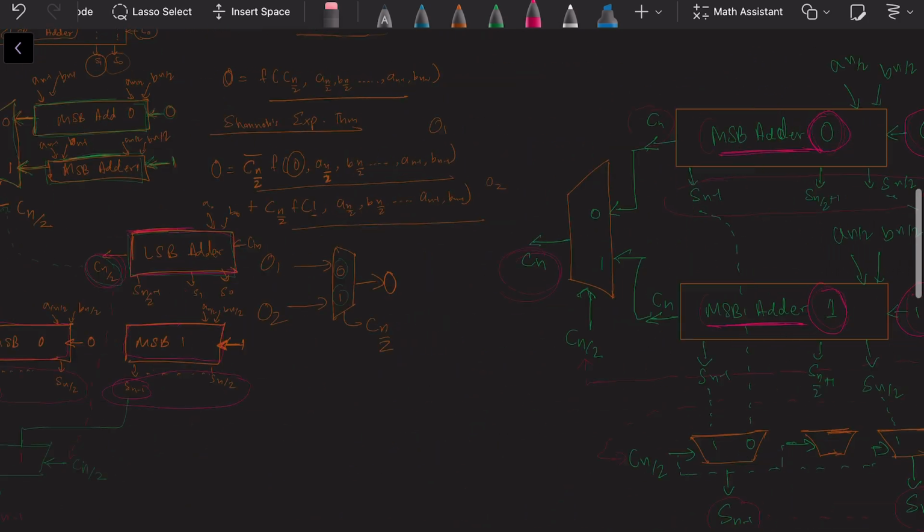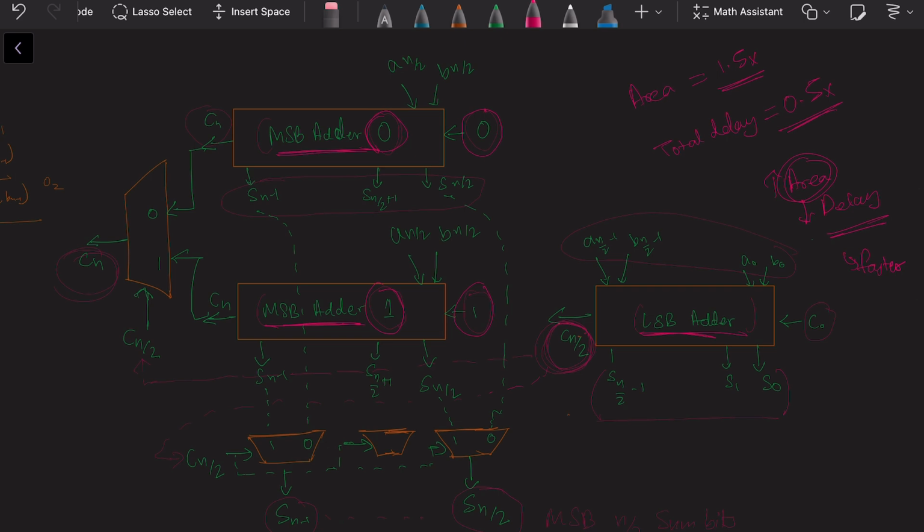And this type of adder is what we call a carry select adder, and I think it's called that because we are literally using a carry bit to select what goes out of these muxes. So it's called a carry select adder.